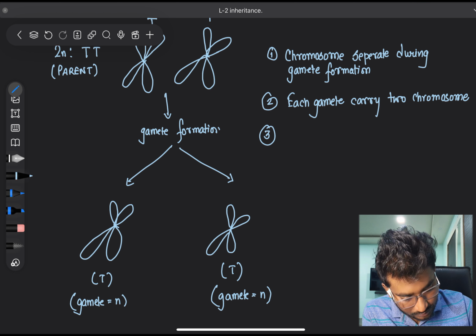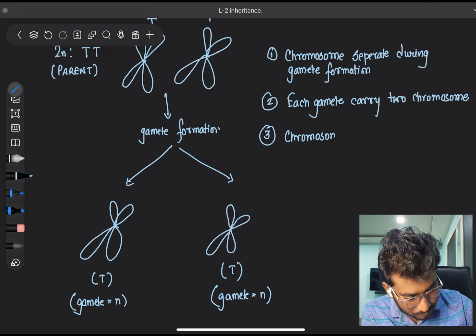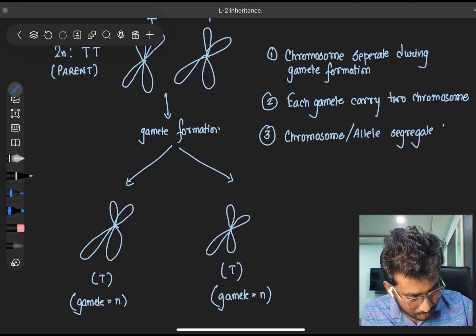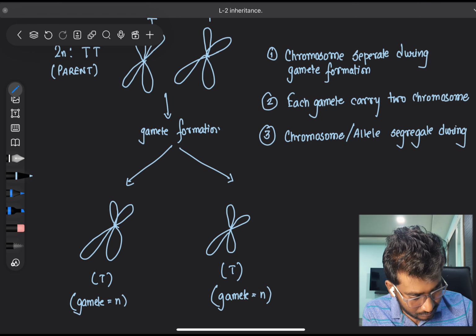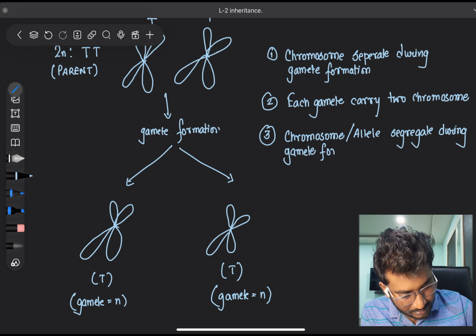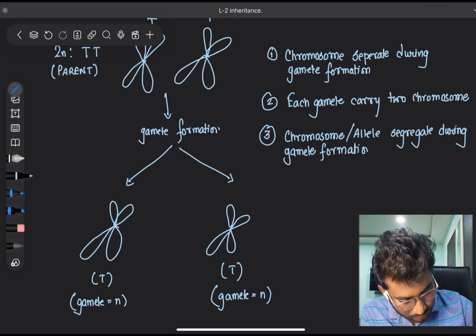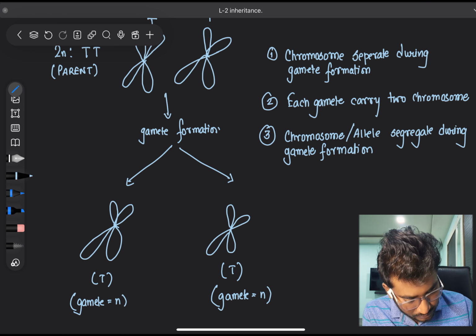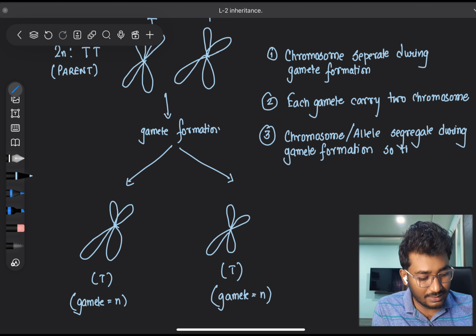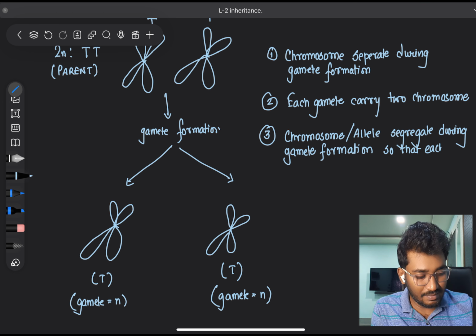The next point: the pair of alleles segregate during gamete formation, so that each gamete carries only one allele.